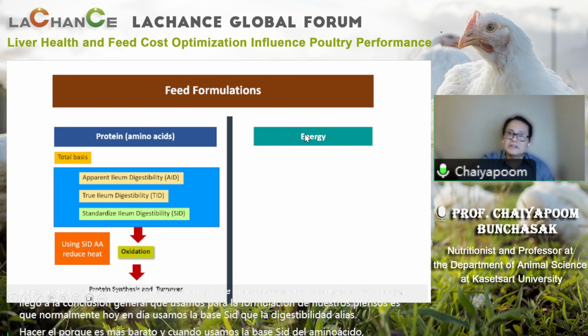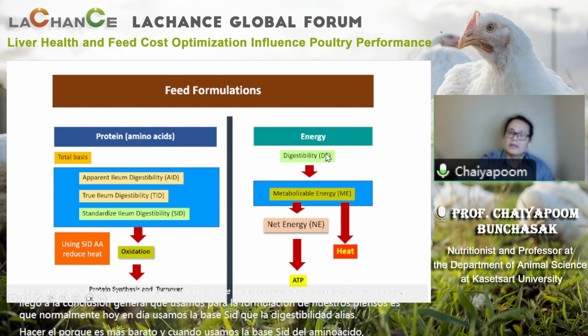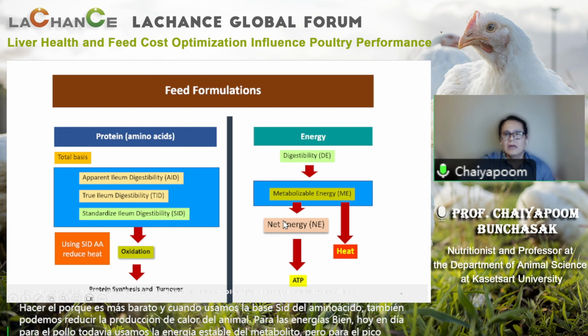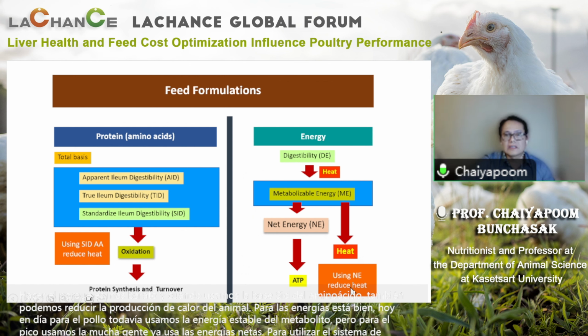For the energy, nowadays for chicken we still use the metabolizable energy, but for pig many people already use the net energy. By using the net energy system, you can reduce the heat production in the animal too.